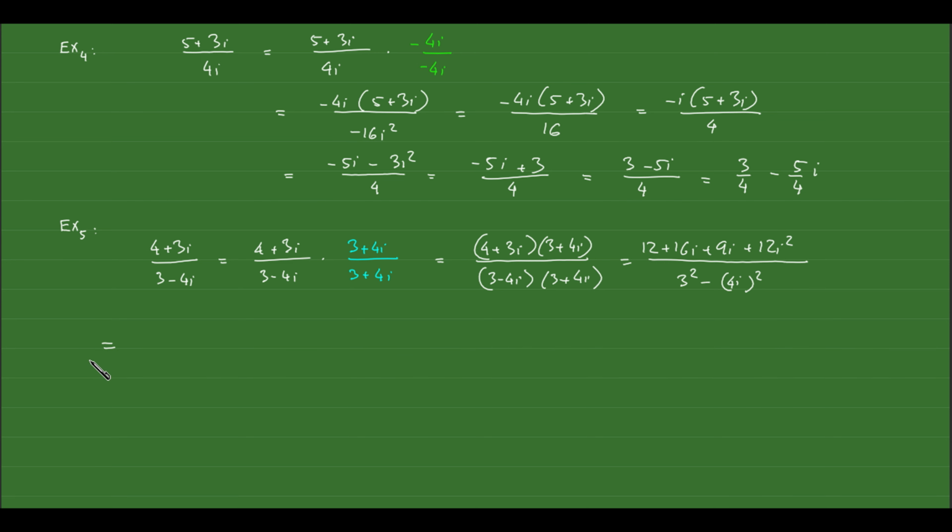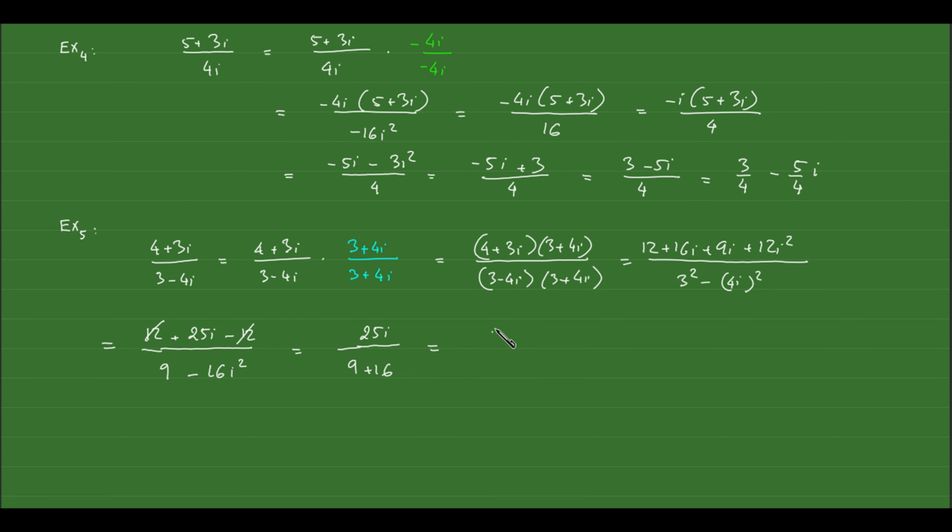Okay. Now at the top, what do we have? We have 12 plus 25i, right? And i squared equals -1, so we have -12 here, and I cancel them. And at the bottom, what do we have? We have 9 minus 16i squared, right? And i squared is equal to -1 again, so -1 becomes 16.